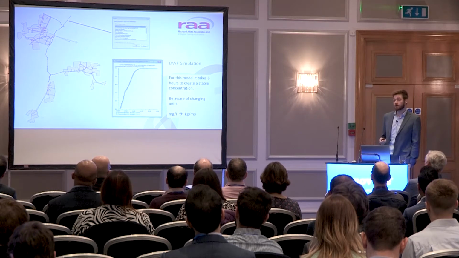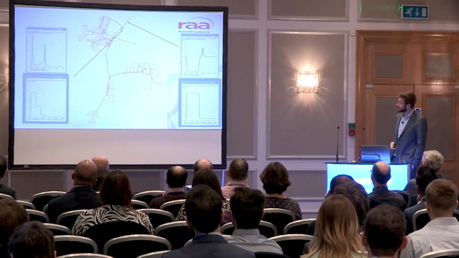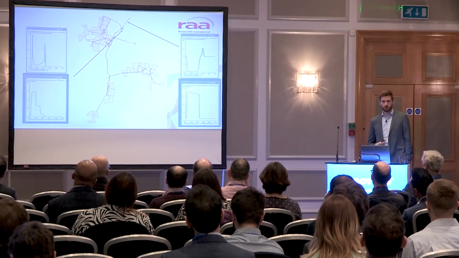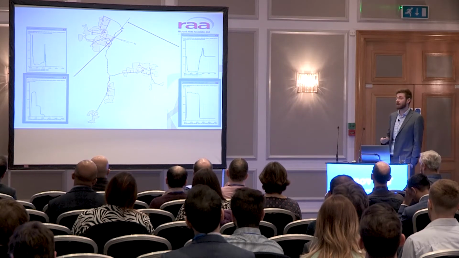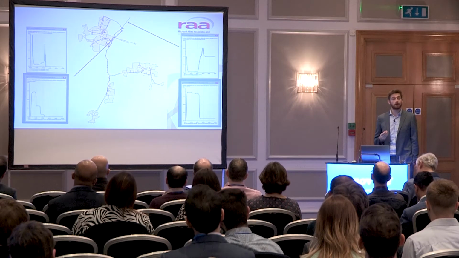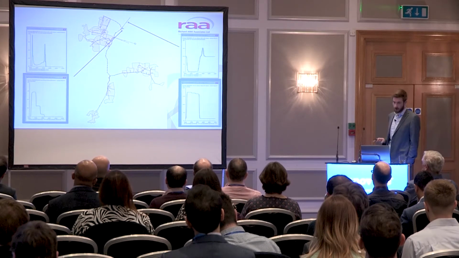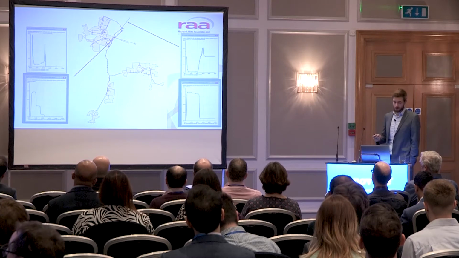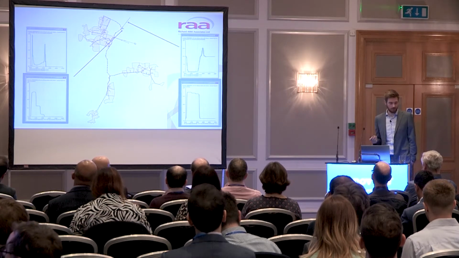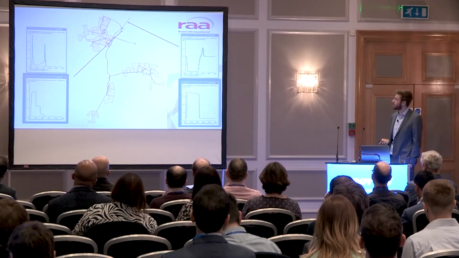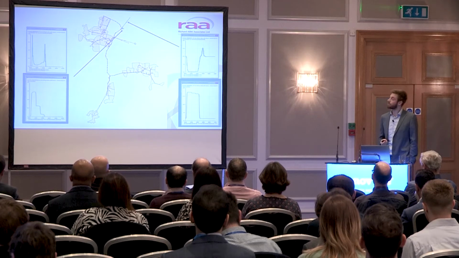So now when we start to look at a storm event, which we can see here, we'll see the changes of concentration in the network from the input of what we are classing as clean surface water runoff, effectively. So we've got our surface water runoff coming into the system, and we're treating that as clean. We're not assigning any pollutants or any sediment runoff going in right now. And it just acts as a simple dilution of our wastewater.